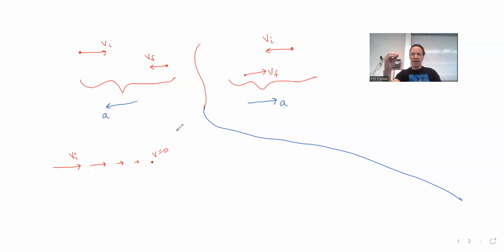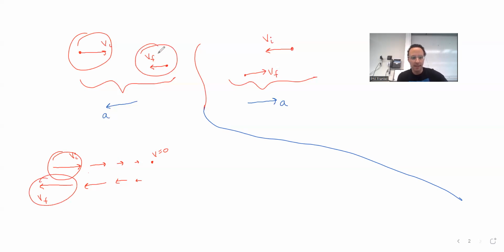It must stop if it is then going to move back in the leftward direction. And then, after it stops, it will speed up to the left, move faster to the left, move even faster to the left, and have some final velocity to the left. So the object initially had a velocity to the right, but finally had a velocity to the left.